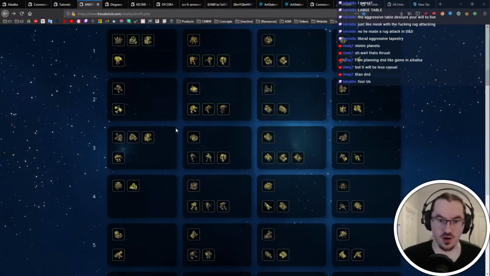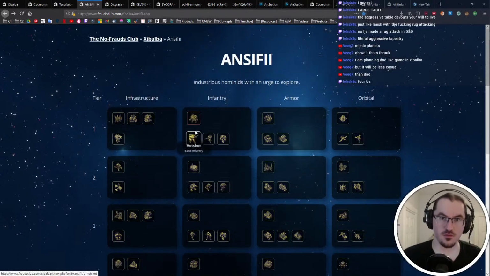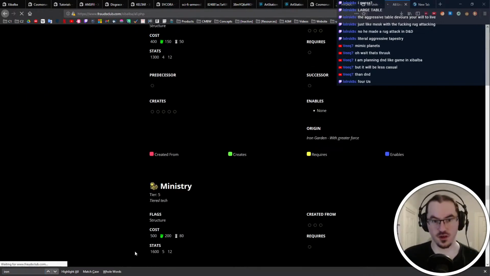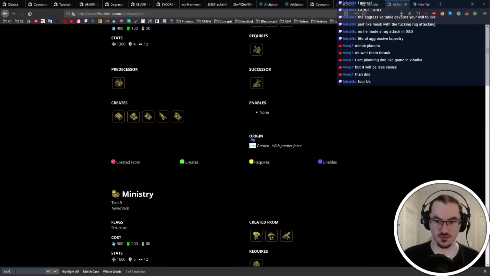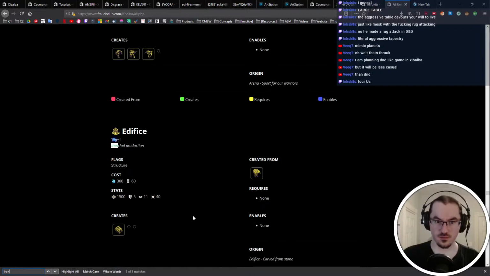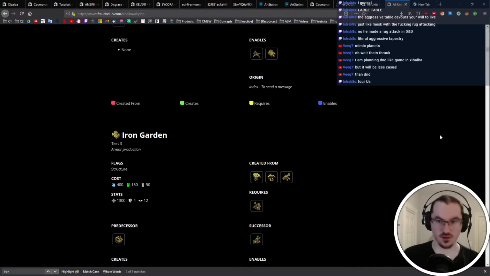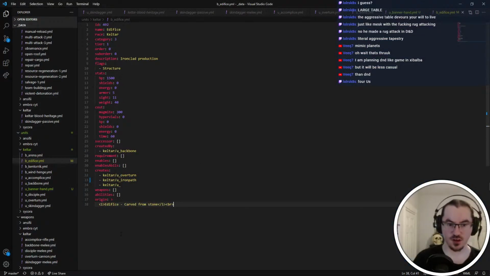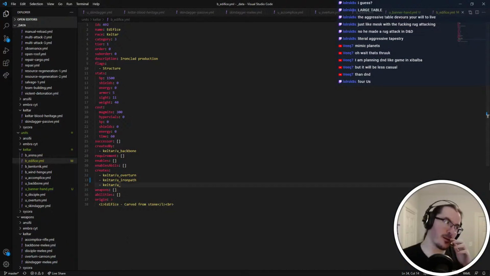I can't remember. Actually, I can do this here. I know I used Iron Garden. That was it, okay. I know there was also Steel Wheel. I'll probably change Iron Garden at some other point so I can keep the iron prefix pretty unique to the Keltar. But that's alright.